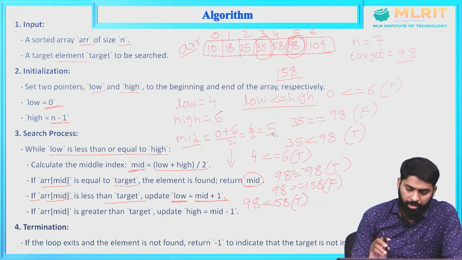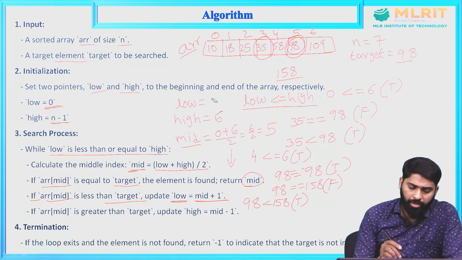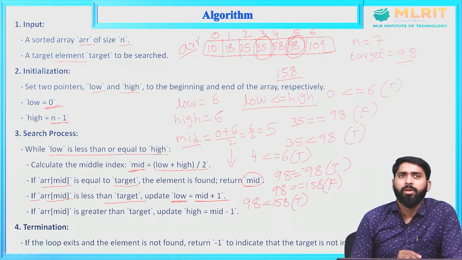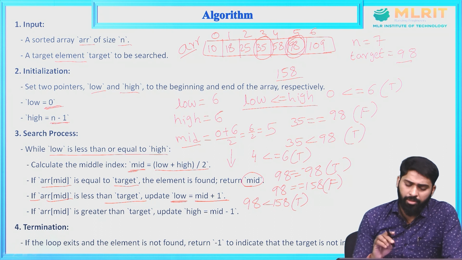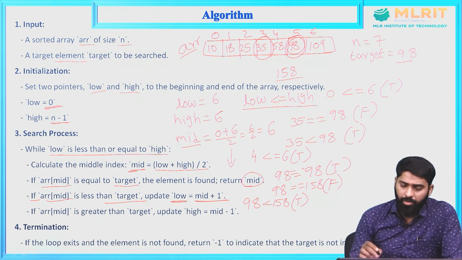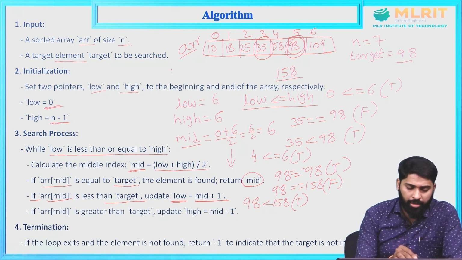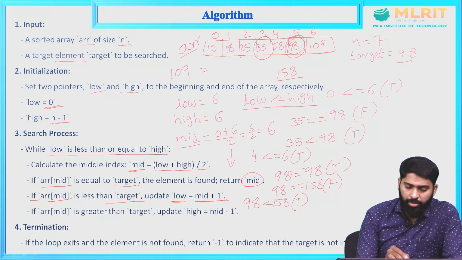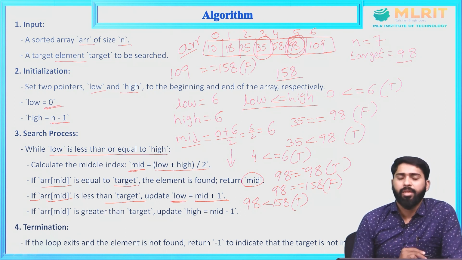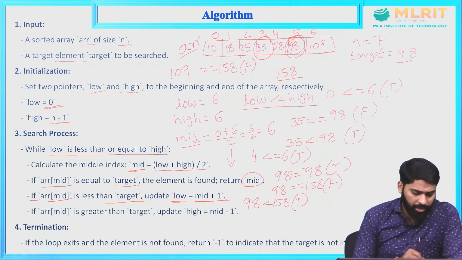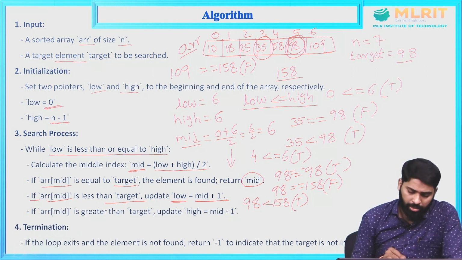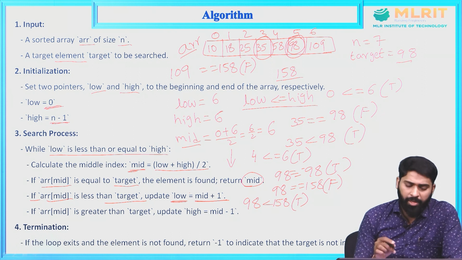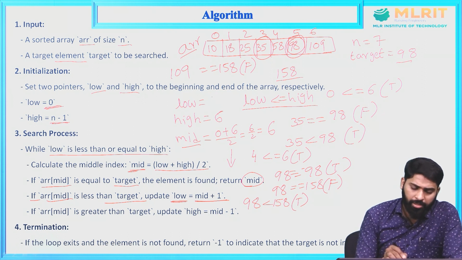What is the mid? 5. Now low is 6. Now what is the mid value? 6 plus 6 by 2, again it is 6. Again you compare: what is A of mid now? 109. So 109 equals 158? No, it is false. Then again you check whether A of mid is less than the target. Yes, it is true. So low equals mid plus 1. Now low becomes 7.